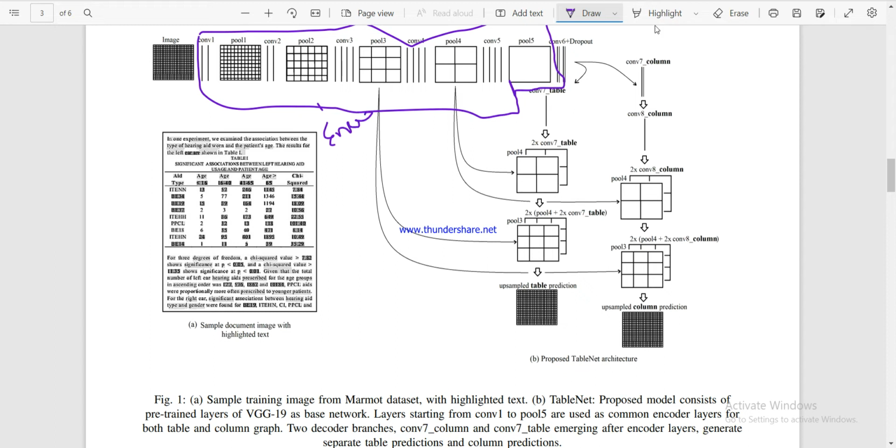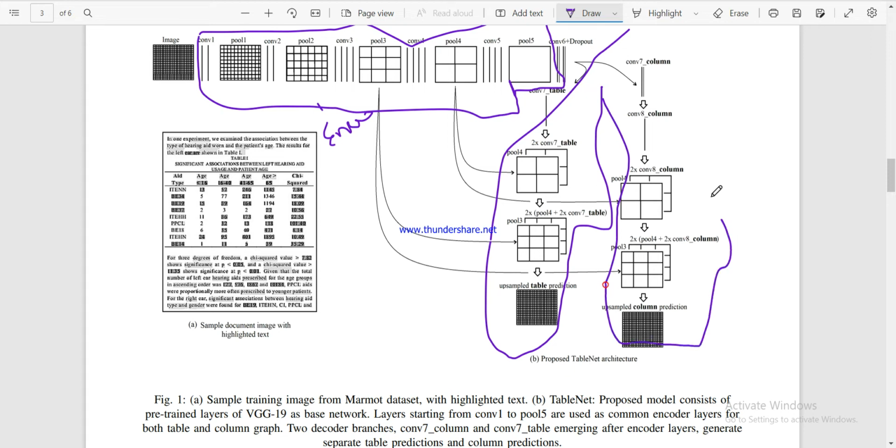Okay, after this there are two subgraphs: this is the first subgraph, this is the second subgraph. One is for table, one is for column. So that's what they are saying. This is the encoder portion, and these are the decoders.